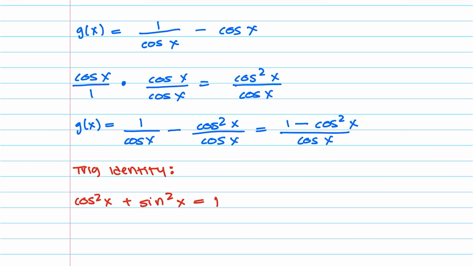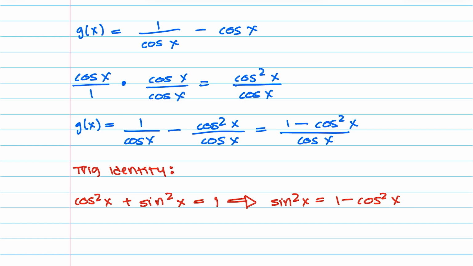We have 1 minus cosine squared x. And so somehow we're going to have to manipulate this identity that we have right here to fit the pattern that the numerator exhibits. And so by subtracting cosine squared x from both sides, you'll get the following equation. Sine squared x is equal to 1 minus cosine squared x.